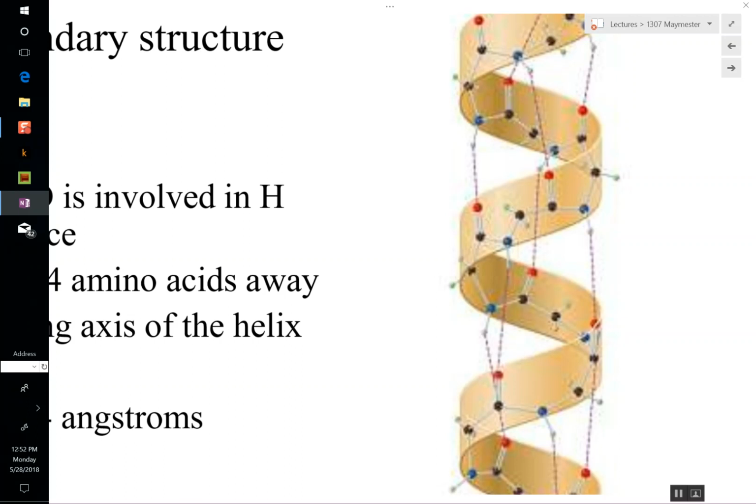These aren't as strong as covalent bonds. If that protein gets bumped around a little bit or twisted or something, those bonds can either break or remake those bonds without changing the amino acid sequence. It would not disrupt the basic structure of the protein to break some of these bonds.